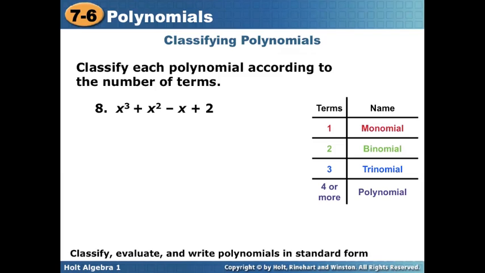Count the terms that we have. Remember, they are separated between plus and minus signs. Here we have 4 terms, so this would be a polynomial. There's no special name for 4 or more terms.